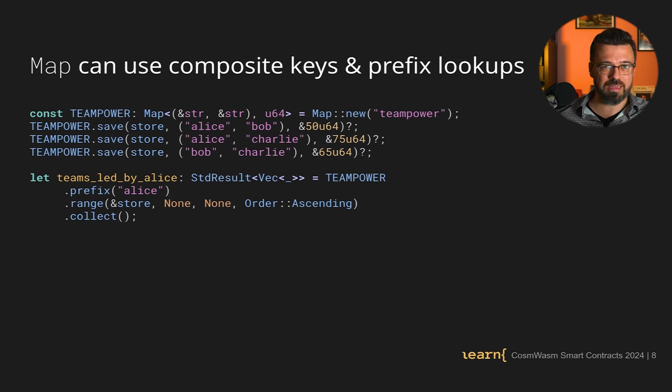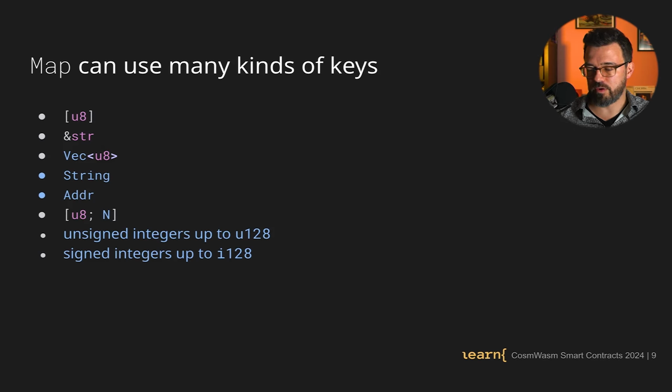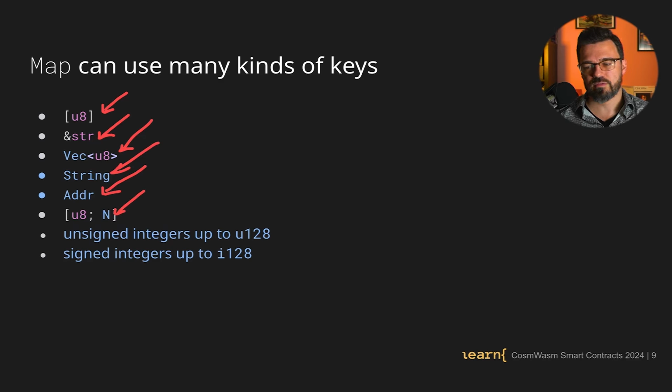We've used string slices here with Alice, but map can use arrays of bytes or vectors of bytes. It can use sized arrays of bytes, string slices, actual strings, Address, which is a CosmWasm struct that is often passed around since it implies that the address within has been validated, and any signed or unsigned integers up to 128.